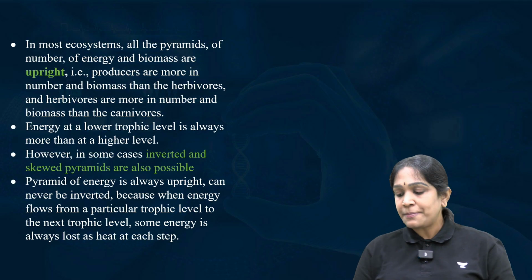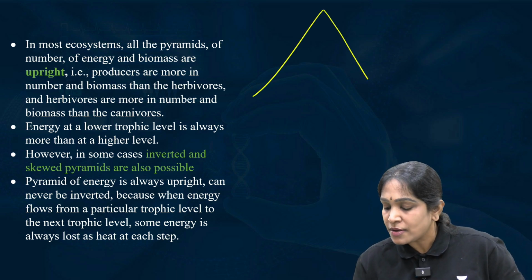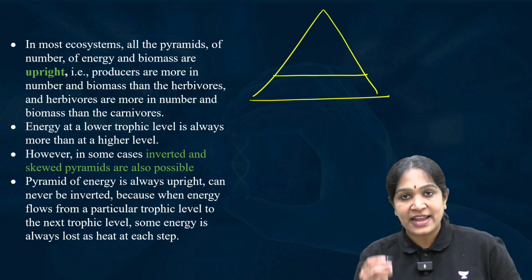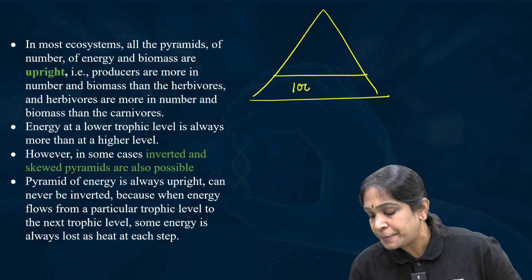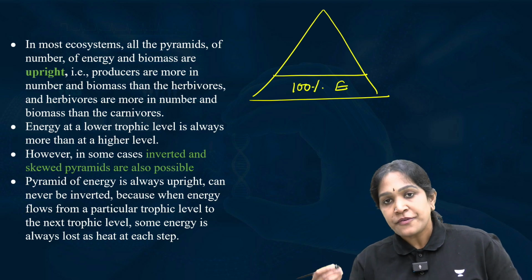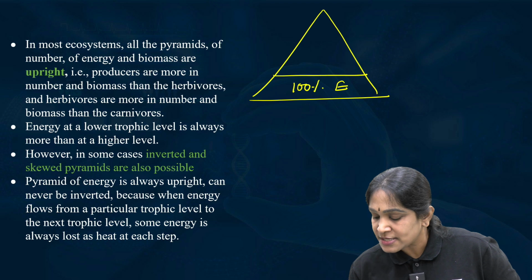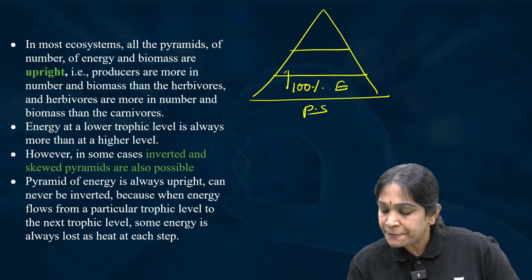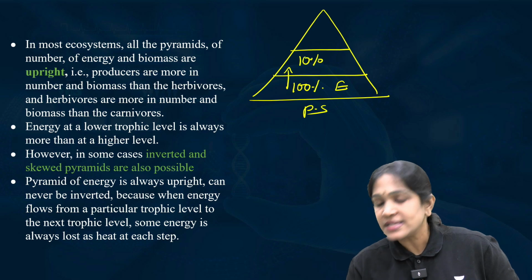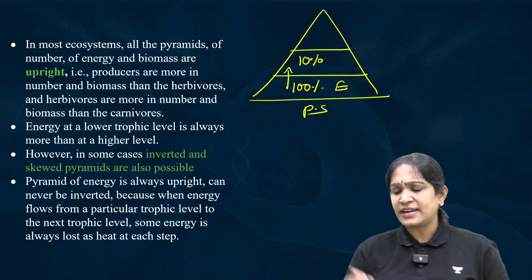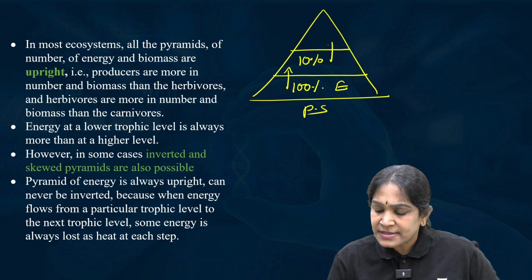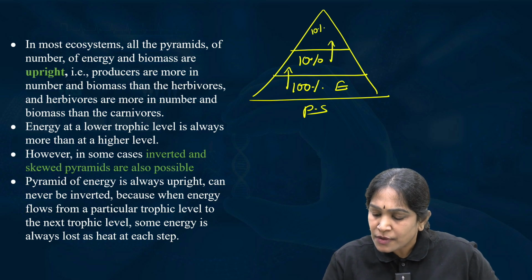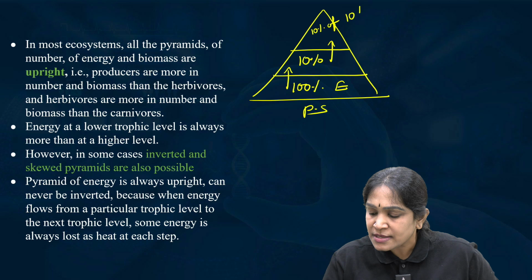In the ecological pyramid, there is a rule from one level to the next. If you have 100% energy, which is produced by the process called photosynthesis, from this only 10% will go to the second level. And from this only 10%. 10% of 10% means what?